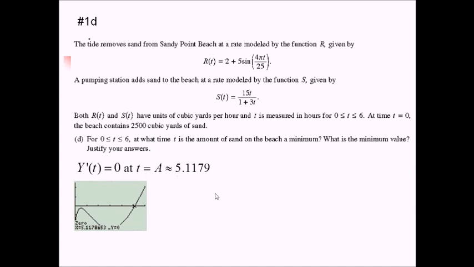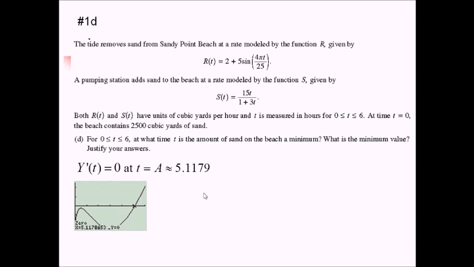Another option is you could very quickly say y prime is negative on the interval from 0 to a, and y prime is positive on the interval from a to 6. Therefore, we have a local min at time a, and that would at least get you the time. But to find out what the minimum value actually is, you're going to have to plug this into y anyway. So that's why I'm going to use the candidates test on this one instead of that other method.